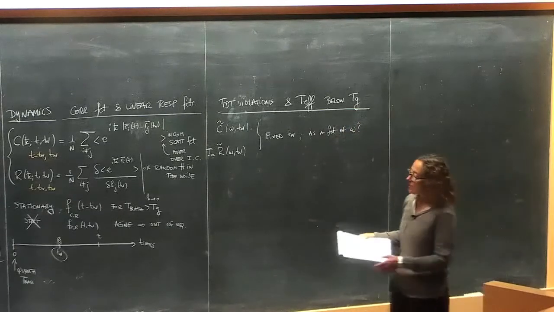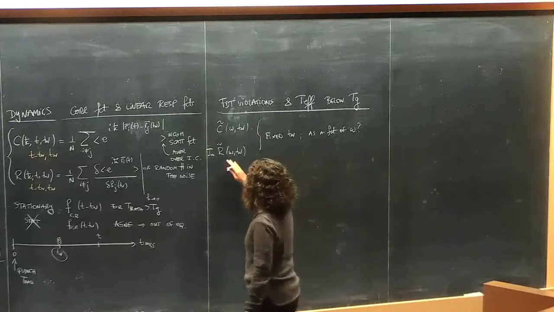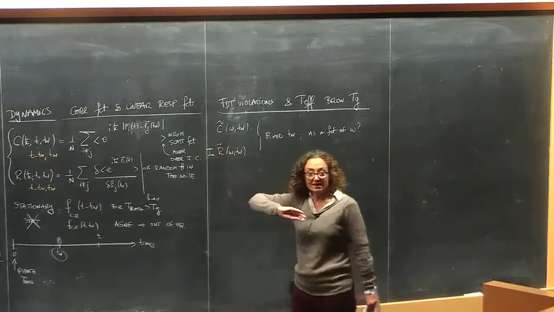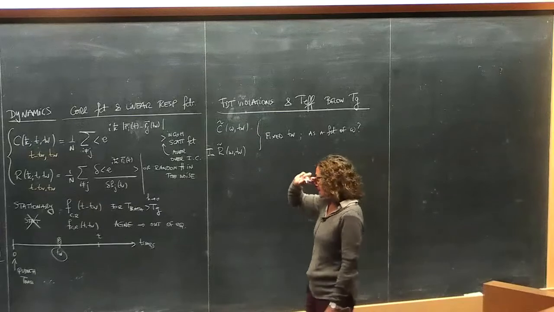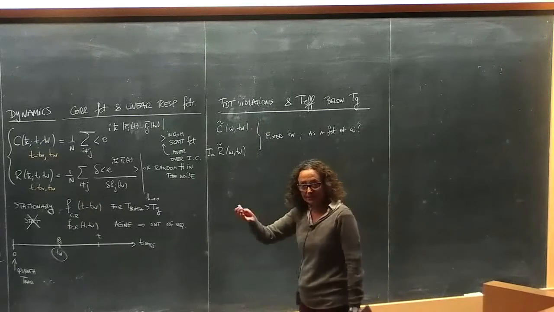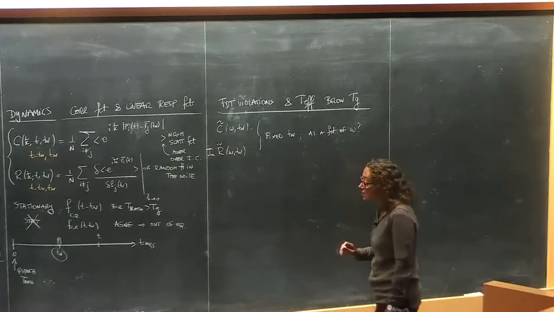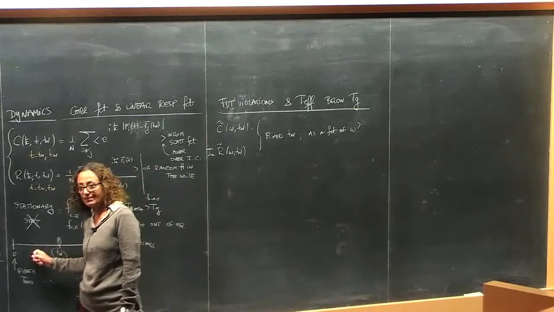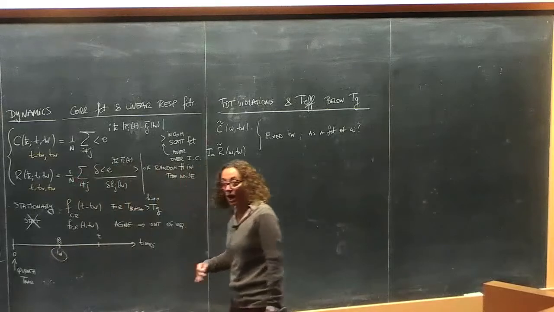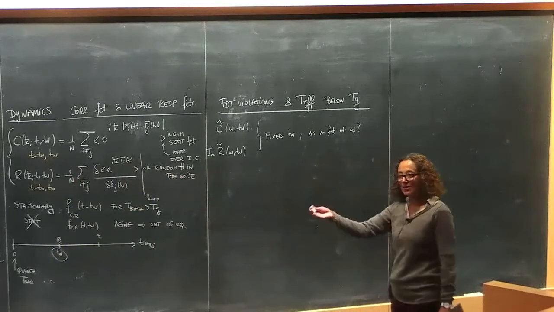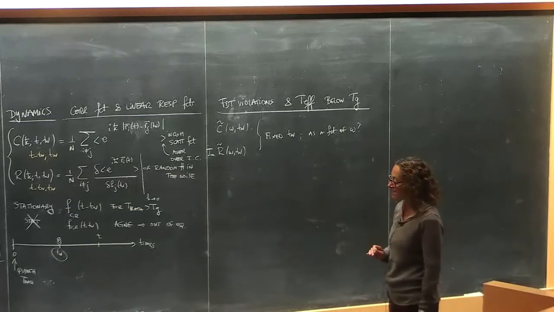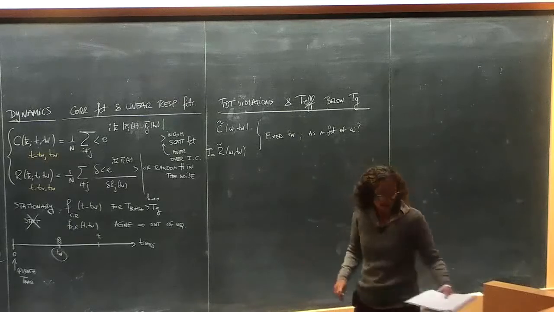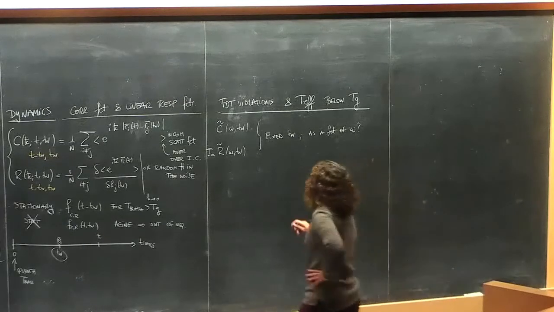What happens in these glassy problems is that although the FDT is violated, it is violated in a way that admits the extension of temperature in this system, which is now out of equilibrium, to something that appears in the same position as temperature in the fluctuation dissipation theorem, but is upgraded, if you wish, to an effective parameter.